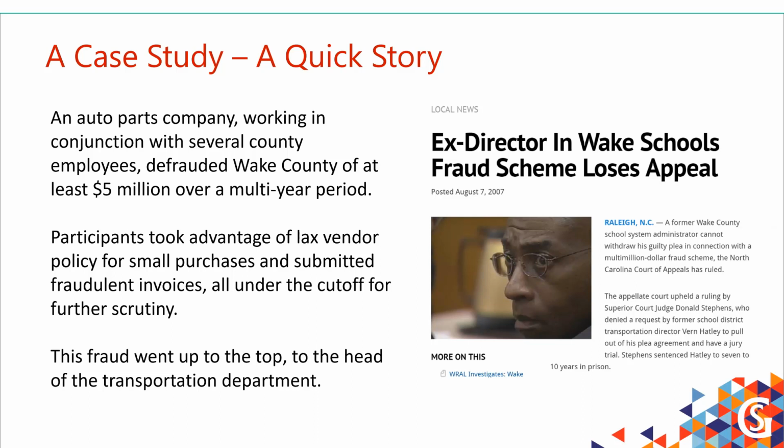At the time, if you submitted an invoice under $2,500, you only needed 1 signature. And so the auto parts company worked with a few corrupt county employees to submit phony invoices, get those cashed, and split the money. It turns out that this actually went up to the top of the department, including the director of the transportation department.